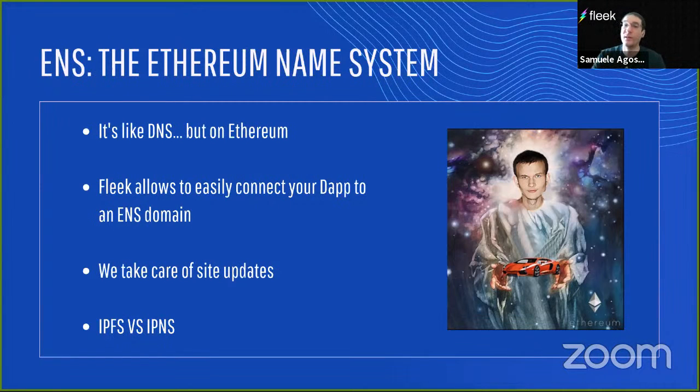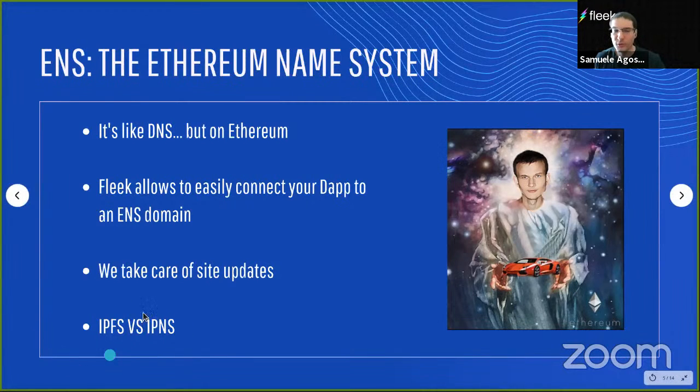It's a lot of hassle, but we take care of this flow automatically for you so that it's much easier to keep your site updated. If you look at a lot of sites that are deployed on IPFS and ENS, but not on Fleek, they're not updated very often because it's really a hassle to go on the ENS app and update your site. So it's useful to use Fleek in this regard, to be on IPFS and on ENS.